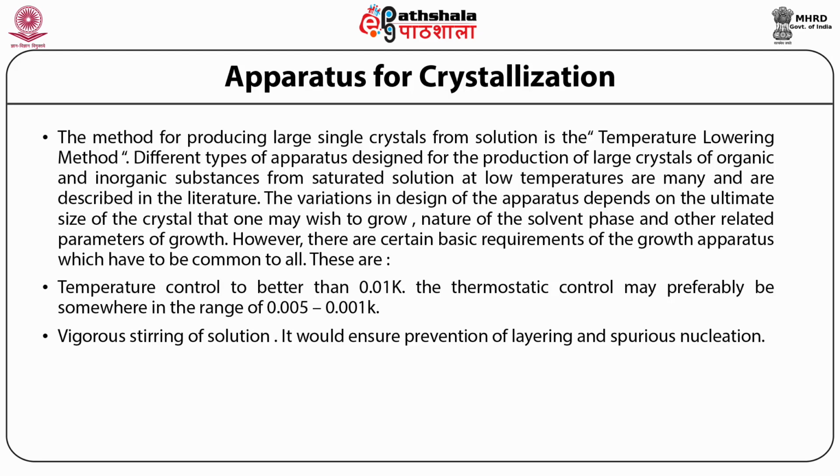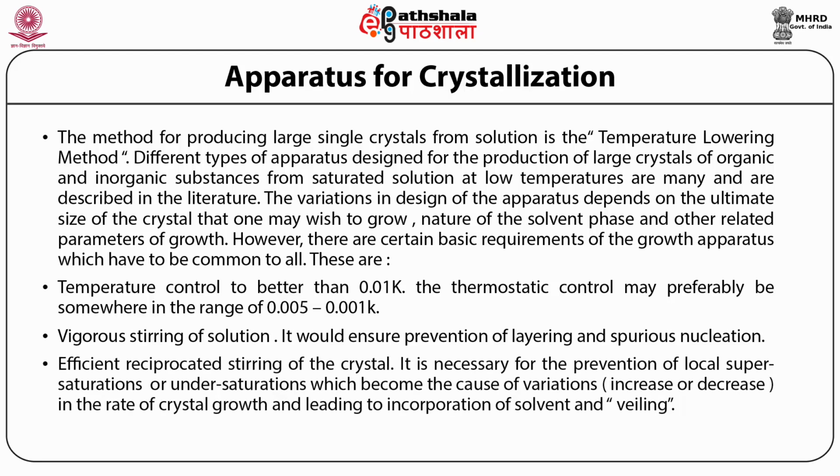It would ensure prevention of layering and spurious nucleation. Then efficient reciprocated stirring of the crystal. It is necessary for the prevention of local supersaturations or undersaturations, which become the cause of variations, that is increase or decrease in the rate of crystal growth, leading to incorporation of solvent and wheeling.